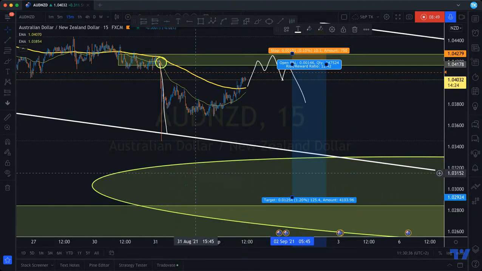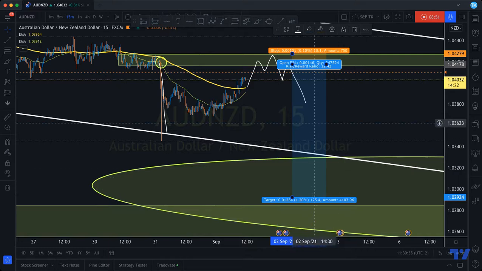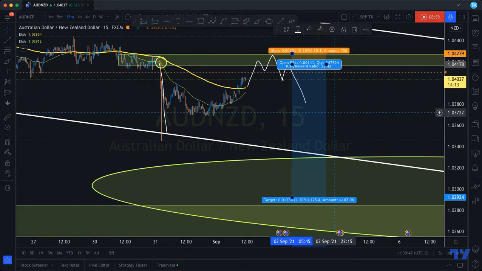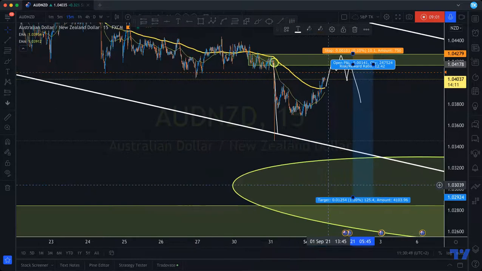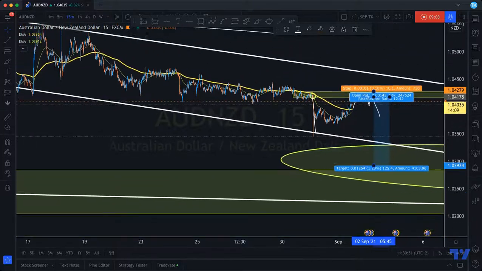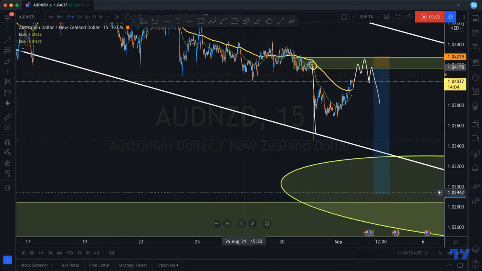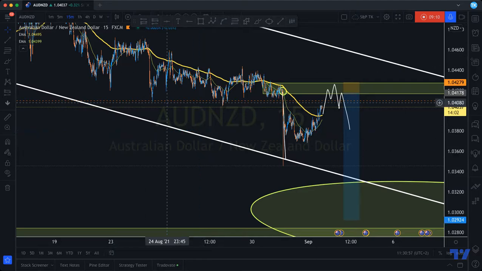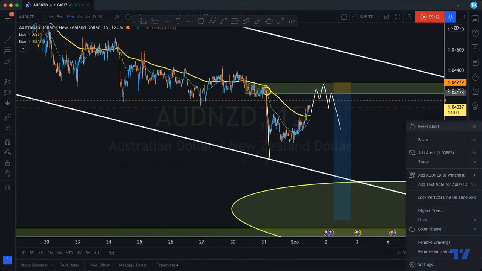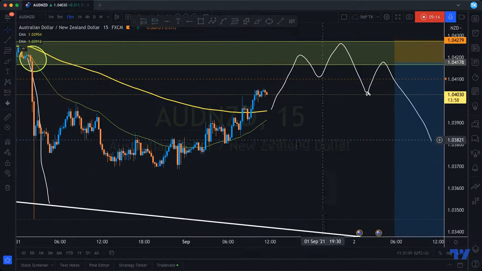Maybe this will be a second TP, but the first one is a risk reward of 1 to 2. The second TP will be this huge one, because I suppose the price will probably react in this zone. That was a daily zone, as we saw before.